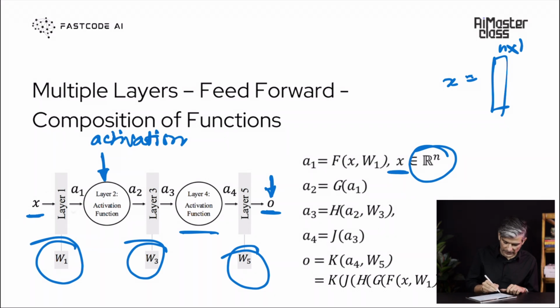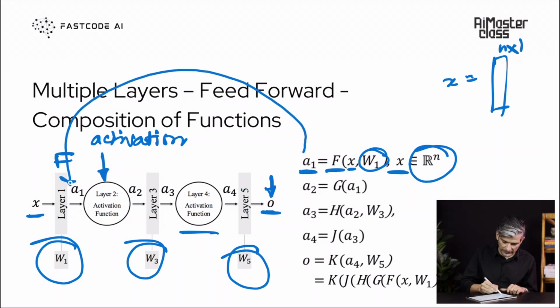Now we call the first layer f, and f takes my input x, and it has these parameters w, and it gives me a1 as output.